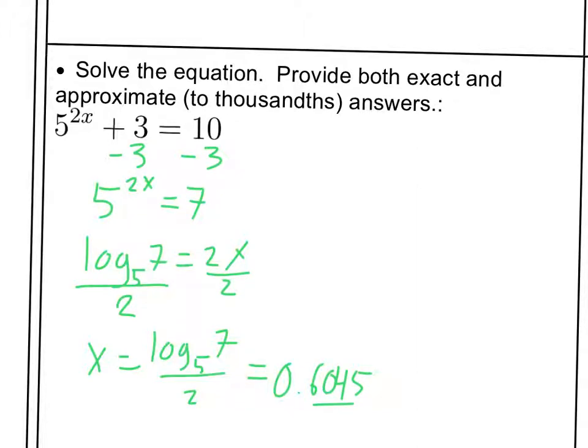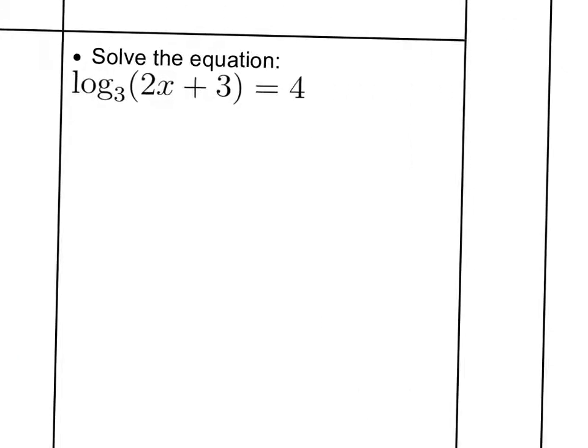And then finally, we got one more log problem, which is going backwards from what we just did. So here we've got a log expression. I'm going to convert this to exponential first. 3 to the 4 is equal to 2x plus 3. 3 to the 4 is 81, is equal to 2x plus 3.